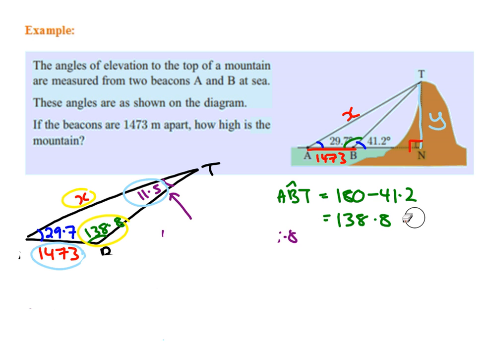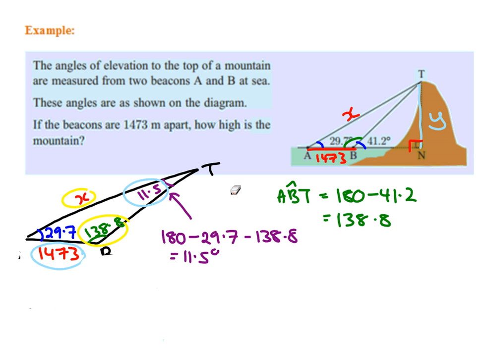And if you want to, we could also potentially work out this angle, because we know two angles in the triangle. And remember, angles in a triangle add up to 180 degrees. So 180 minus these two angles equals 11.5 degrees. So you've got three angles going on that you could potentially use.